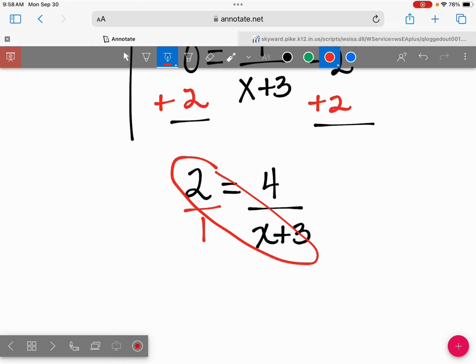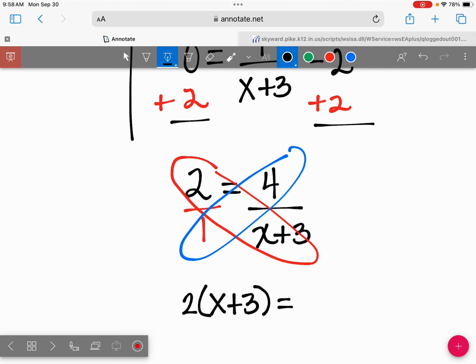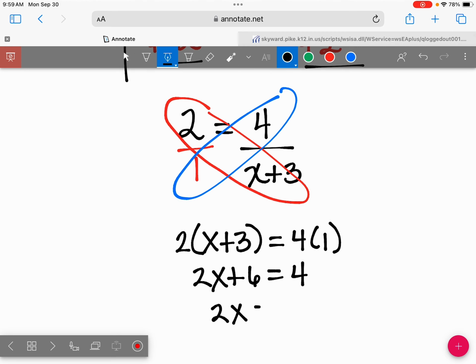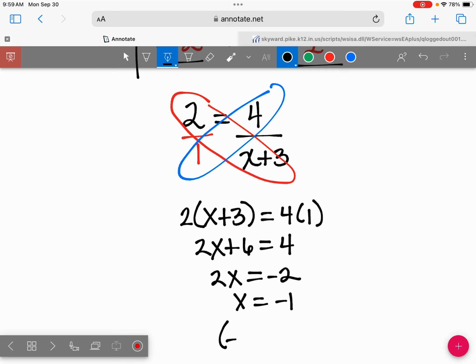So that would be 2 times x plus 3 equals 1 times 4. 2x plus 6 equals 4. 2x equals -2. x equals -1. So we have an x-intercept at (-1, 0).